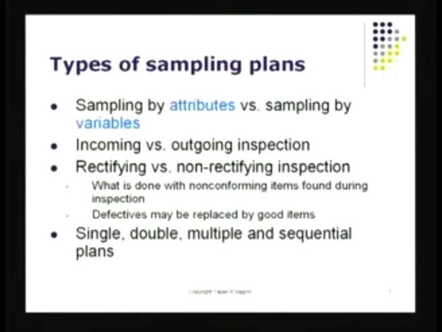There are now a couple of types of approaches to this. One is to look at the attribute of a particular item, and this is like a quality attribute that can be classified as acceptable or not acceptable. For example, a pen may write or it may not be able to write. So it's good or bad. That's an attribute. Writing performance is an attribute which can be sorted between good and bad.